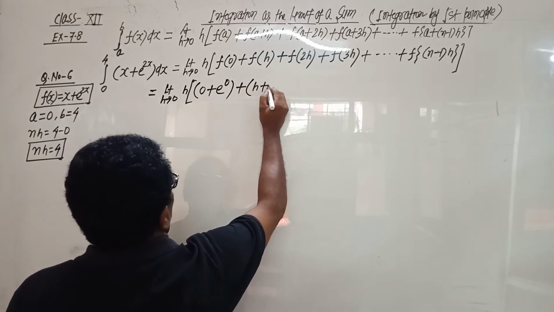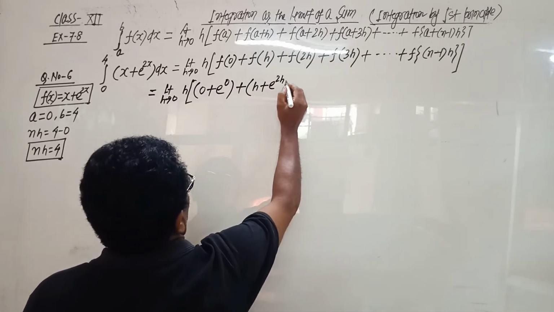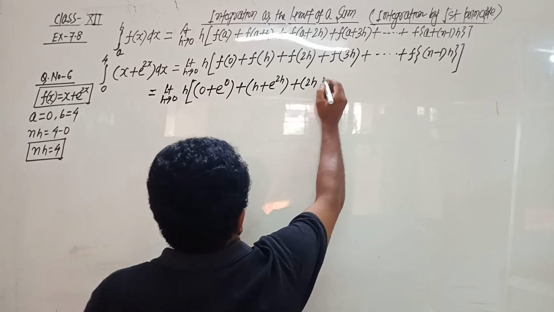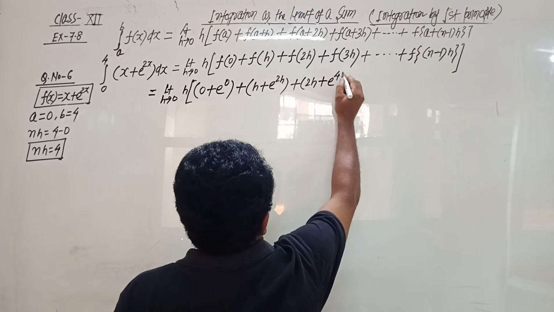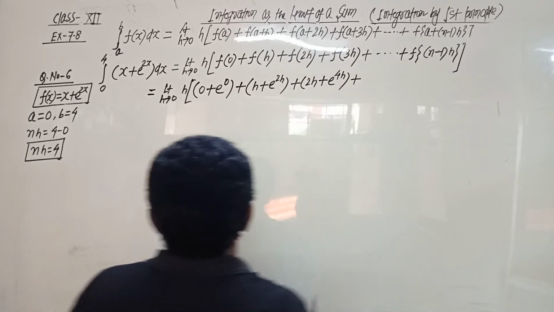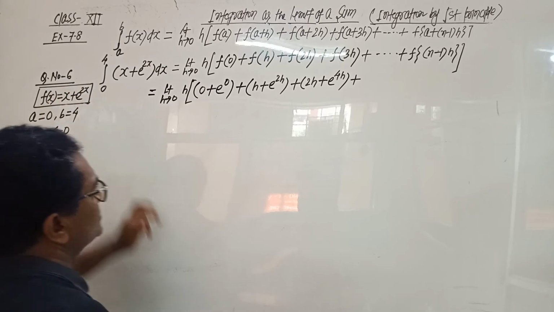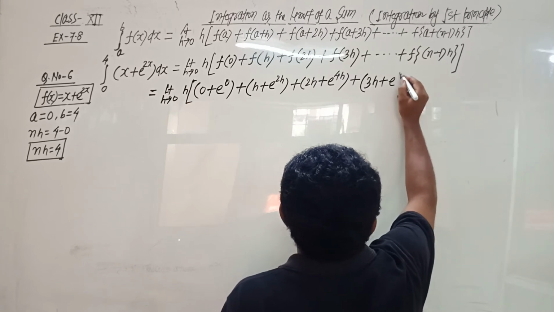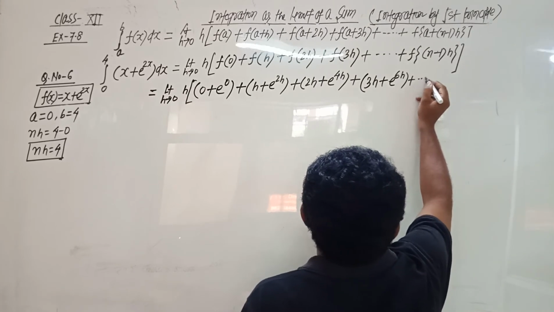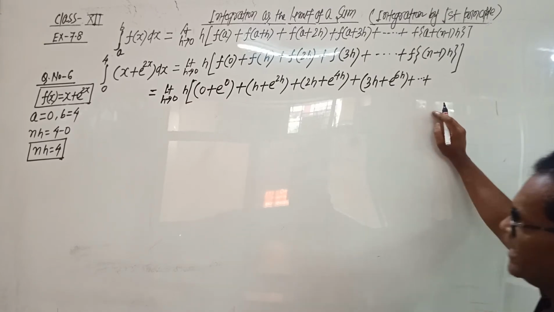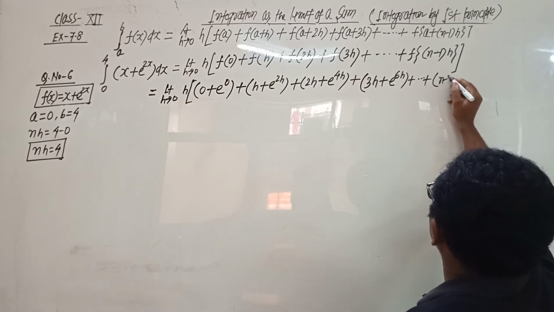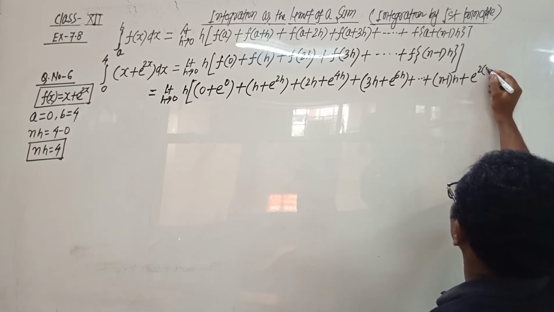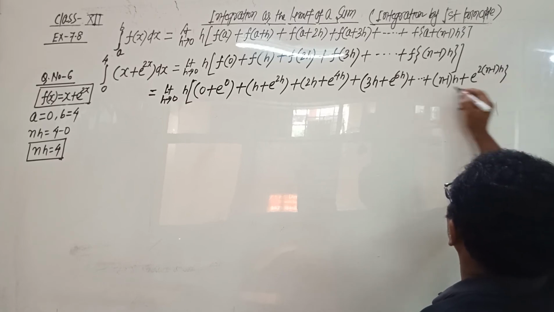So it gives h plus e raised to the power 2h, plus f of 2h, so 2h plus e raised to the power 4h, plus f of 3h, so 3h plus e raised to the power 6h, plus ... plus (n minus 1) into h, and plus e raised to the power 2 into (n minus 1) into h.